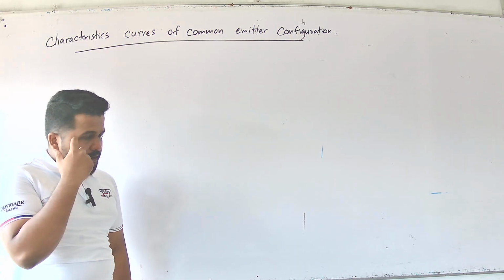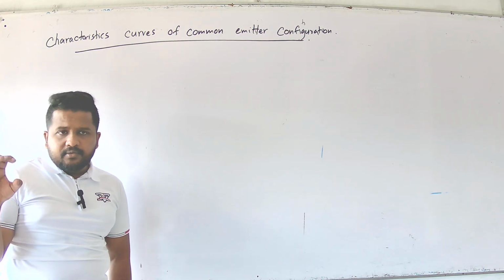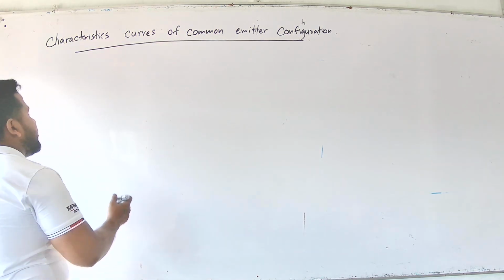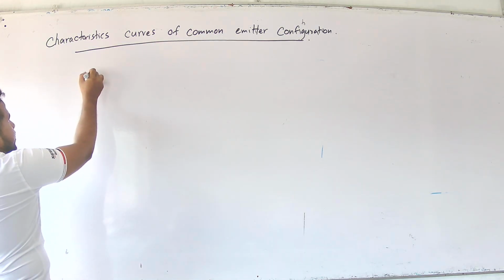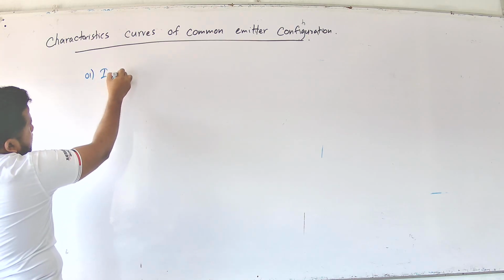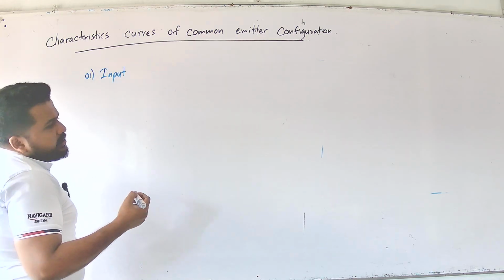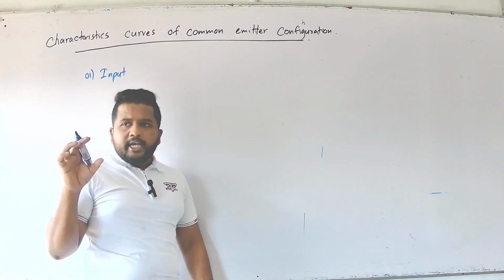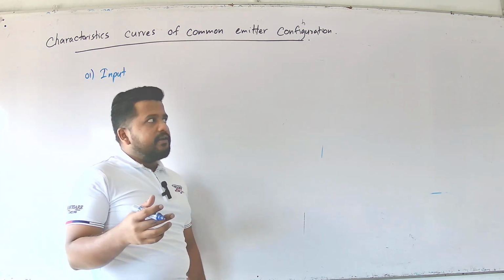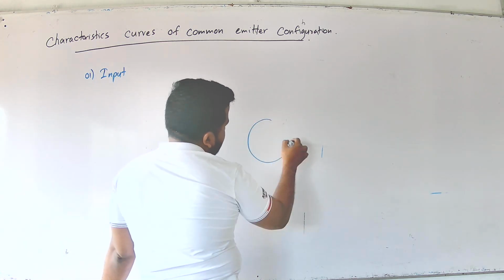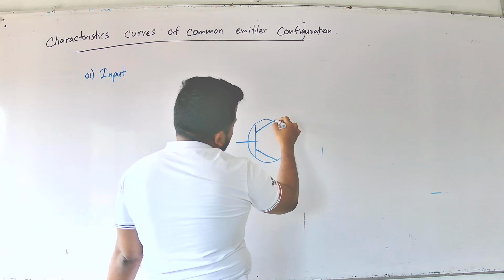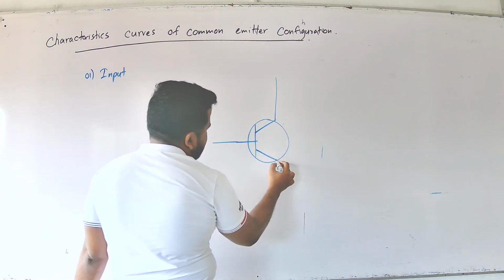In this case, we need to find what the characteristic curves are, right? There are three characteristic curves, right? Number one is the input characteristics. So input characteristics, we are discussing what the input variations are. So if we clearly see the input of the common emitter configuration, what are the inputs?